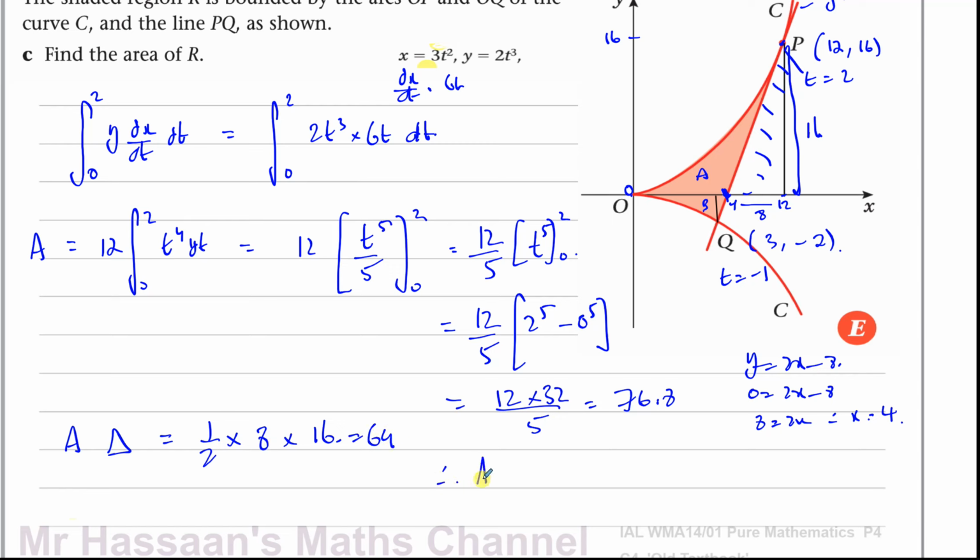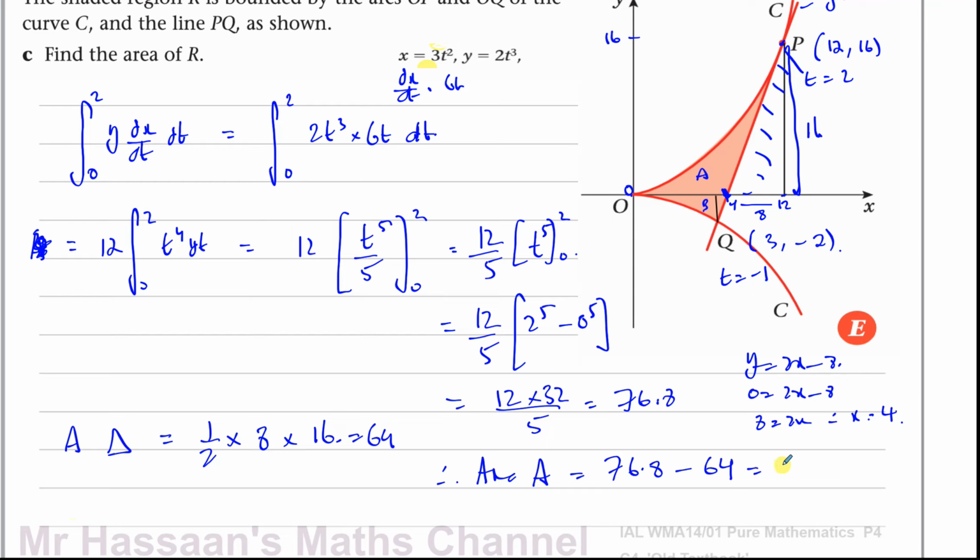So therefore the area of A, the shaded part A, is going to be the area of the whole thing, 76.8, minus 64. The whole area minus this triangle gives me the shaded region above the x-axis.